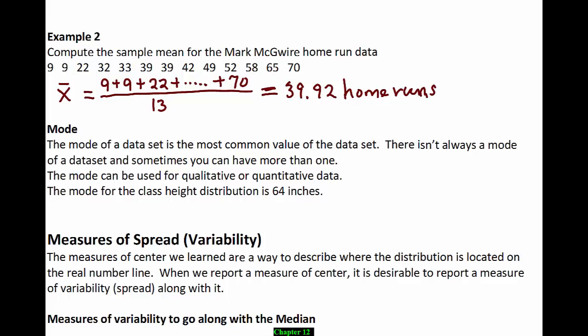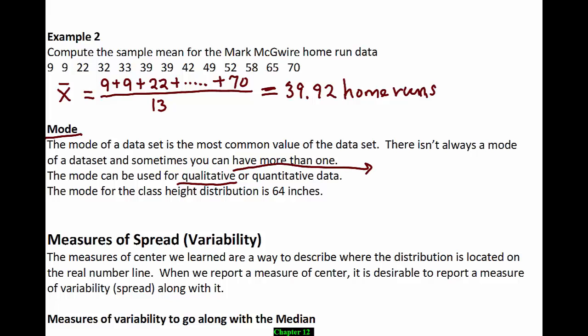The last measure we're going to talk about is called mode. The mode of a data set is the most common value of the data set. There isn't always a mode of a data set, and sometimes you can have more than one. The mode is really handy because it can be used for quantitative data, like the mean and the median, but it can also be used for qualitative data.